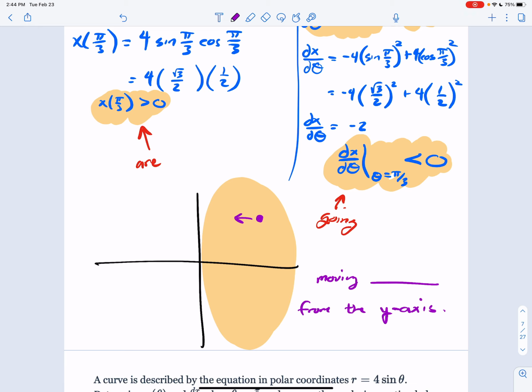Press play whenever you're ready. So here, since we're moving towards the left, we're moving leftwards. We know that we're going to hit the y-axis, so we're moving toward the y-axis. We're not going to compare it to the x-axis because we don't have enough information about it going up or down, okay? And that's it.